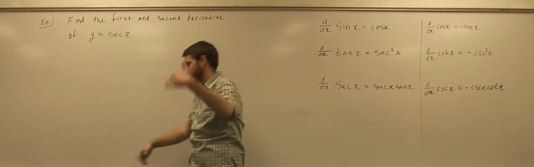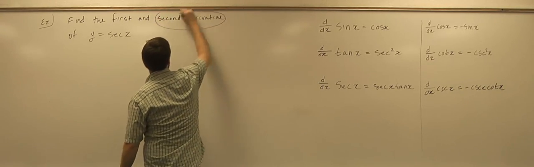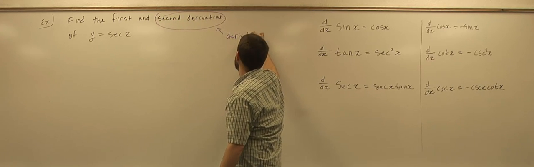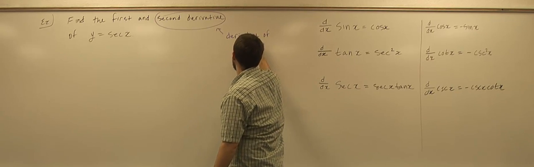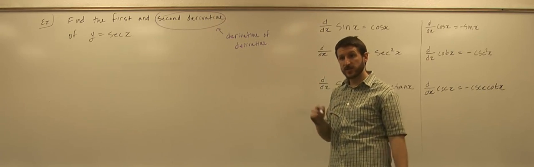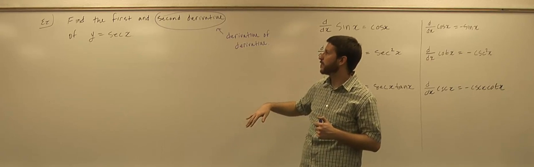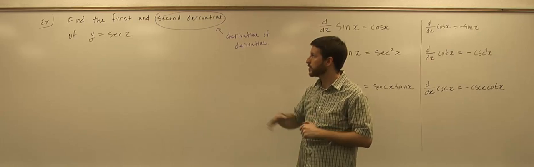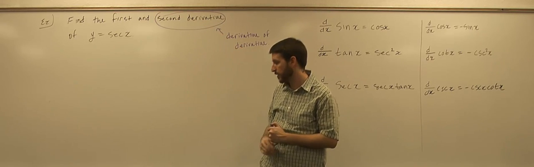The derivative of the derivative. The notation for second derivative is 2 primes. Third derivative would be the derivative of the derivative of the derivative, and you give it 3 primes. So you can do as many derivatives as you want. Just keep taking the derivative.